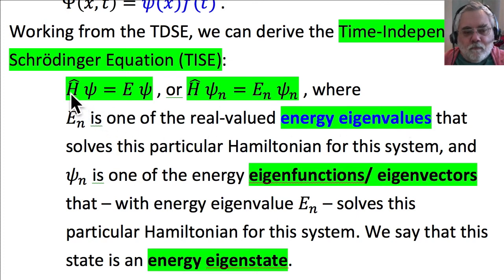Remember, in any given problem, H will be specified for that problem. So energy eigenvalue E sub n will be one of the energies that solves this equation. These are this Hamiltonian's own energy values. And the wave functions corresponding to those energies we call eigenfunctions or eigenvectors.